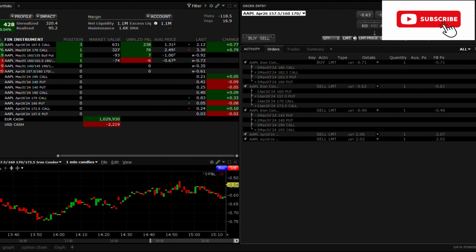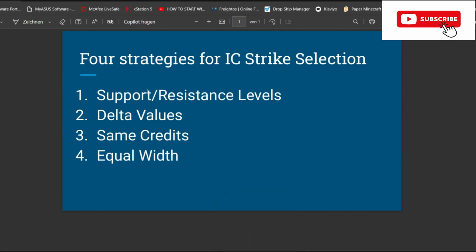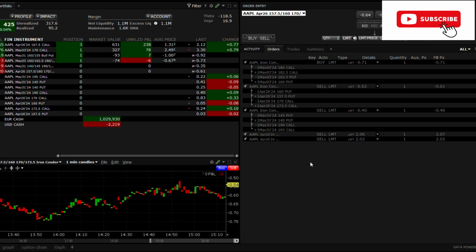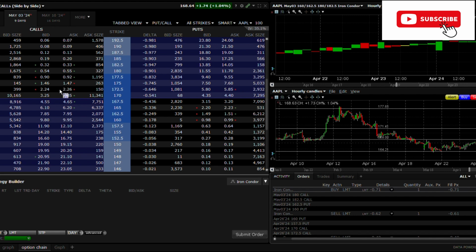In the first strategy, what we did was look at the support and resistance levels to identify the strikes for the Iron Condor. The next strategy is delta values. If you look now at Apple, there is a column called delta. Delta indicates the probability of price reaching these levels within this expiry date.